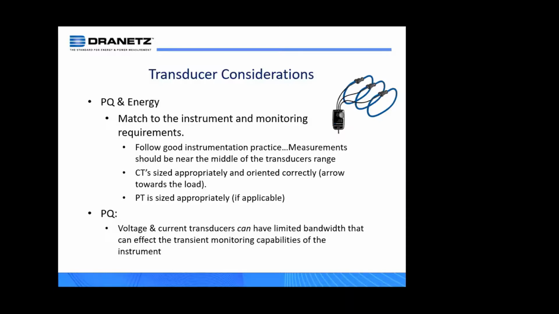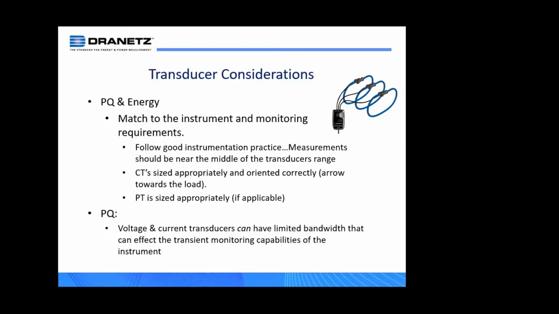The other thing regarding PQ is that voltage and current transducers have limited bandwidth. Now, the current probes that we provide with the Adranus meters have wide bandwidth, because the idea is to pass through those events, those faults that you're trying to capture and mitigate. But you can't say that for every current probe and every current transformer that's out there.